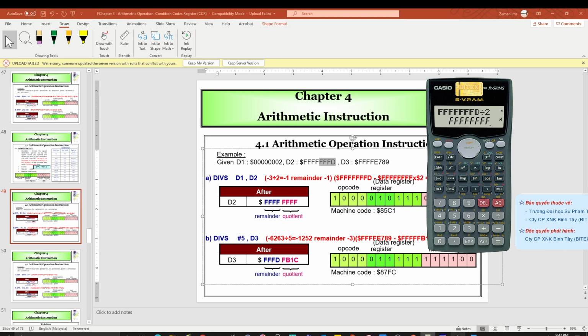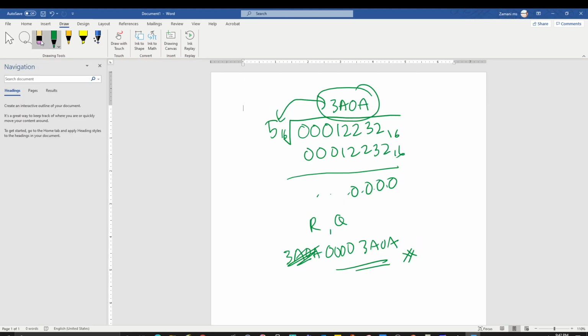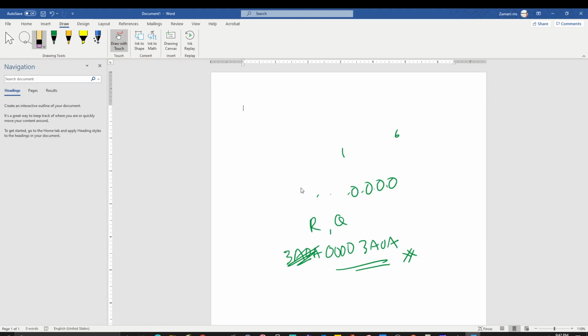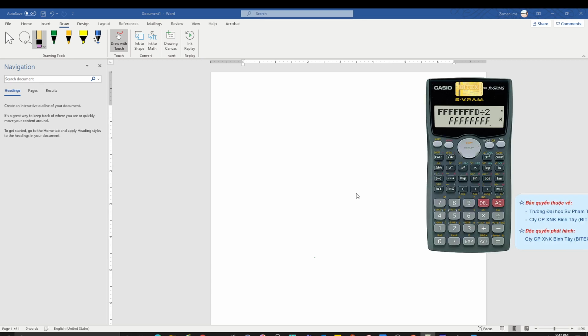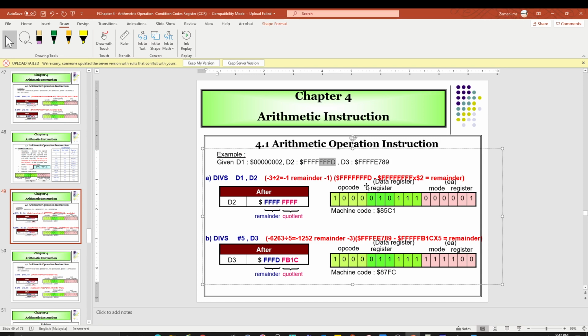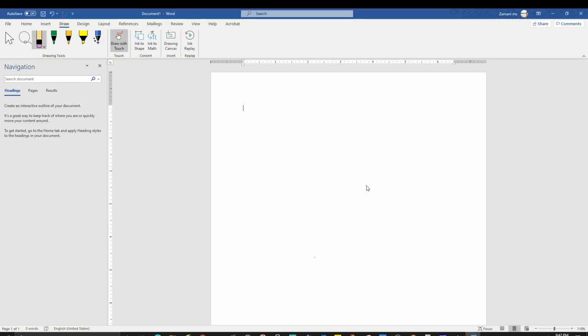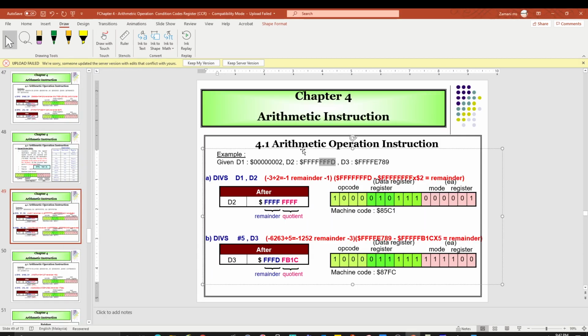Okay, let's try to do it again over here. FFFD. So this is going to be FFFFFFFD divided by a positive number, which is 2. Right? This is 2.